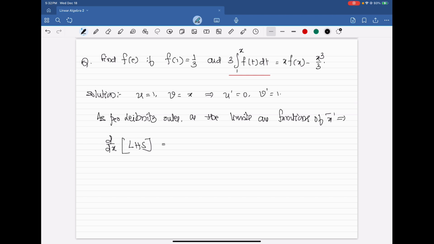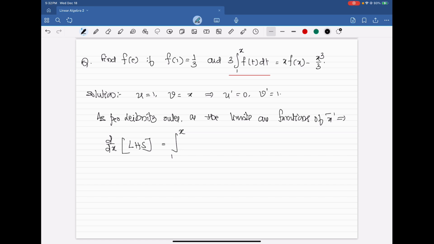is equal to integral of, what is that? Here the limits are variables. Then what do we have to use?